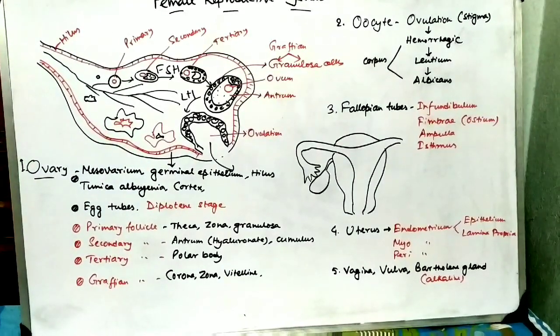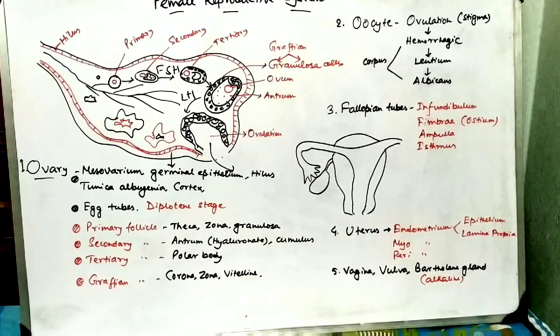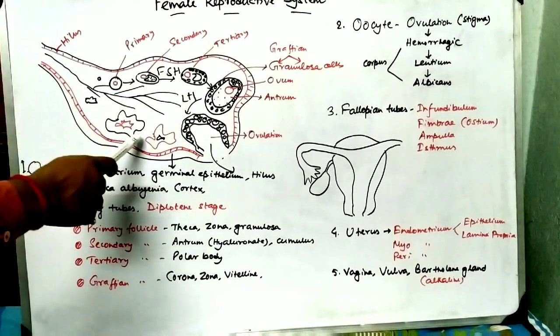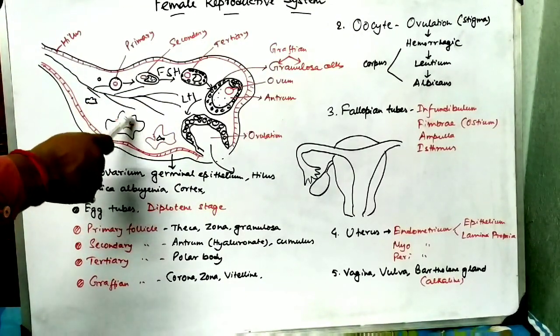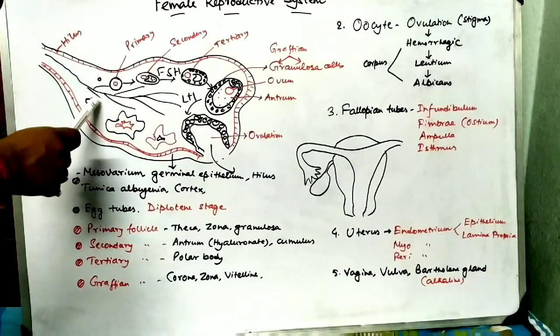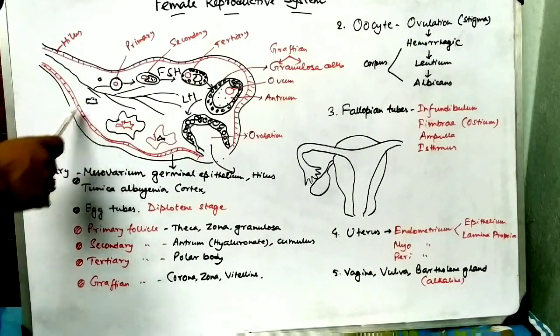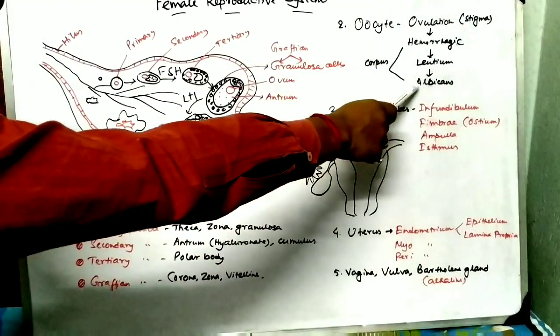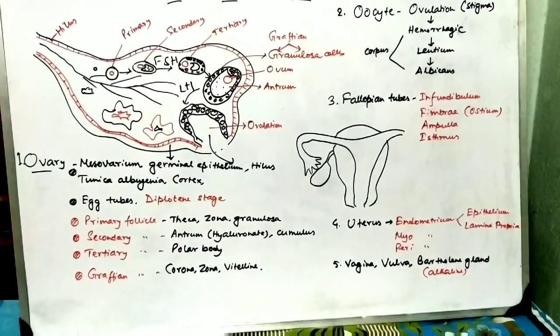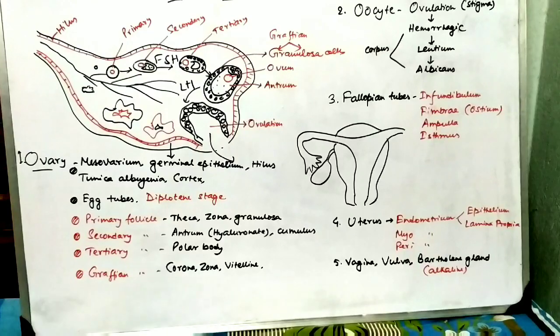The same type of cells will change their biochemical property, and during the 26th to 28th day of the menstrual cycle, due to the absence of FSH and LH, the progesterone production will gradually decrease, and it will form a rudimentary structure known as the corpus albicans, and it will degenerate.